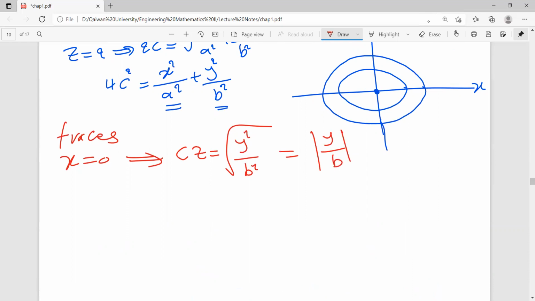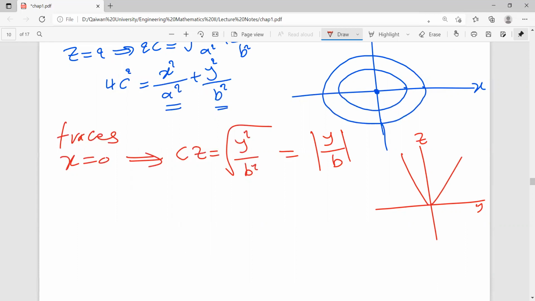That means cz equals the absolute value of y over b. The graph of this equation is a V shape. This is y, this is z. It's a V shape like this, because it is an absolute value. You know that the graph of absolute value is a V shape.